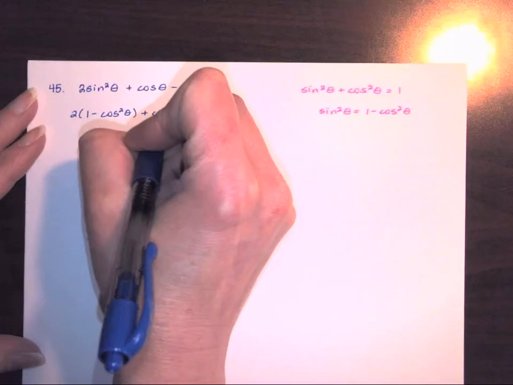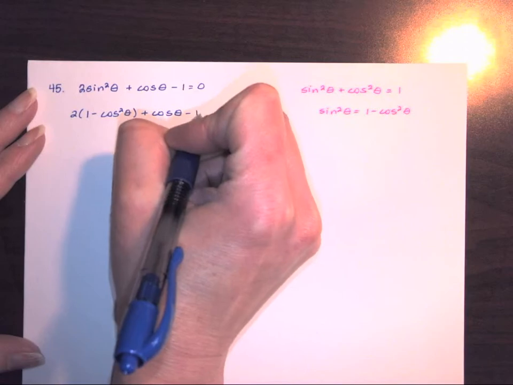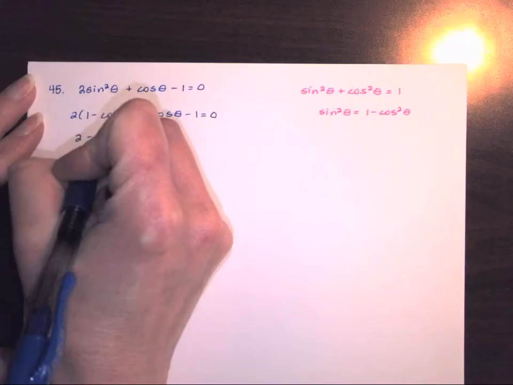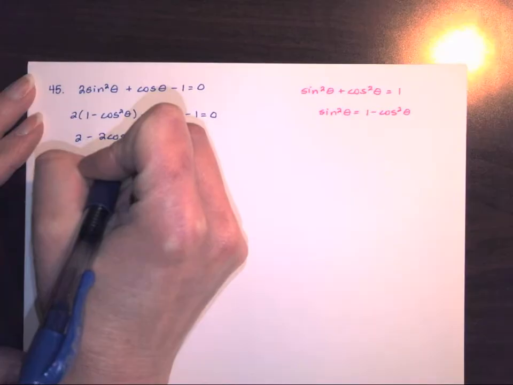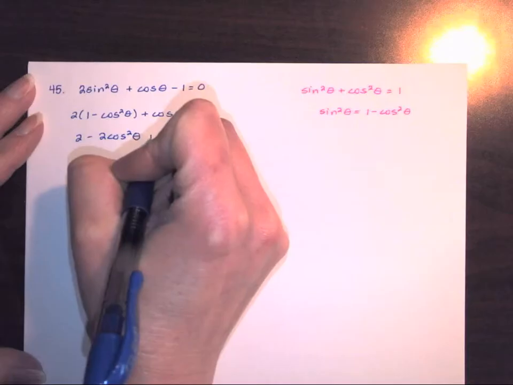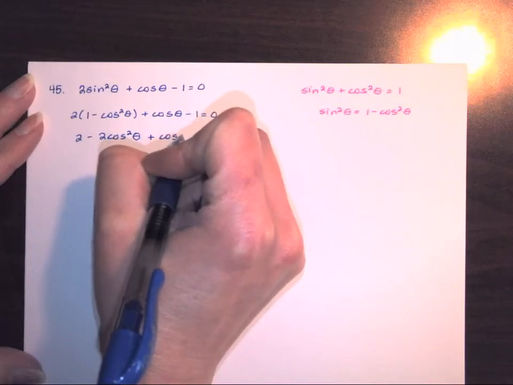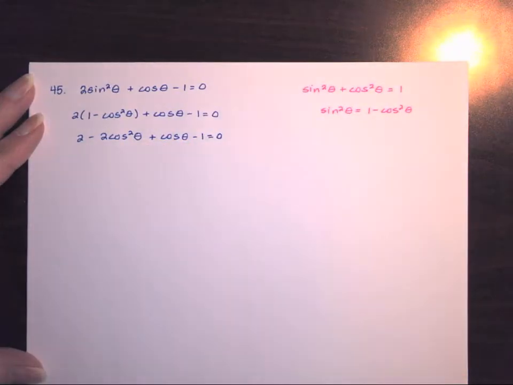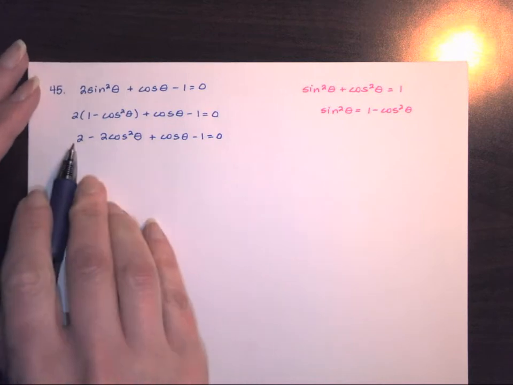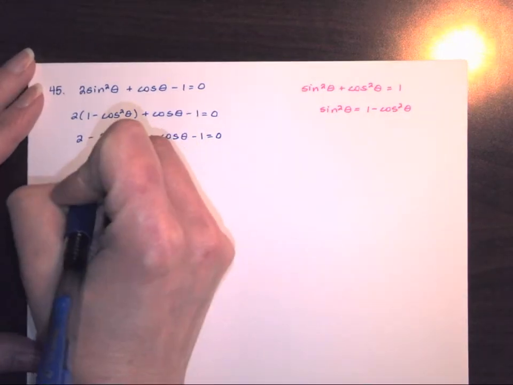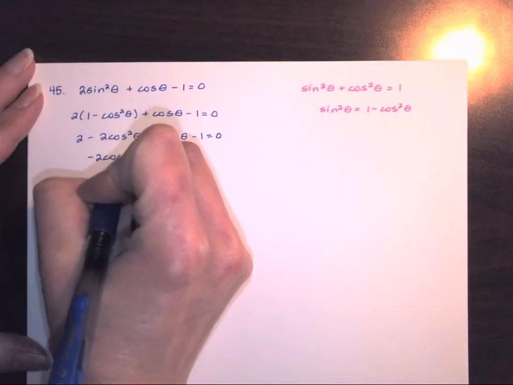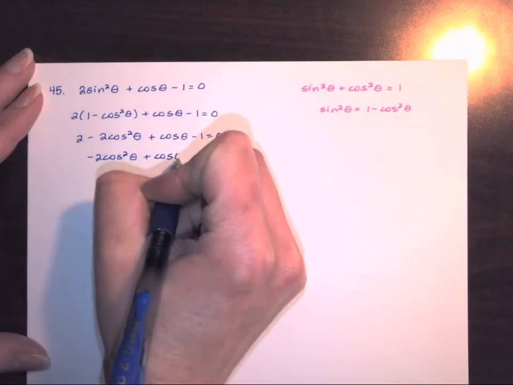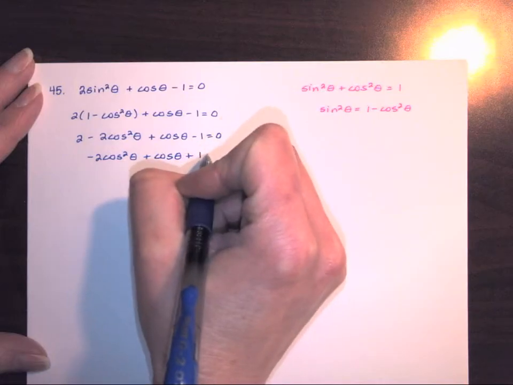Plus cosine theta minus 1 equals 0. And so I'm going to go ahead and distribute that, and I get 2 minus 2 cosine squared theta plus cosine theta minus 1 equals 0. Fantastic. Next thing, let's combine our like terms. So negative 2 cosine squared theta plus cosine theta, and this would be plus 1 equals 0.